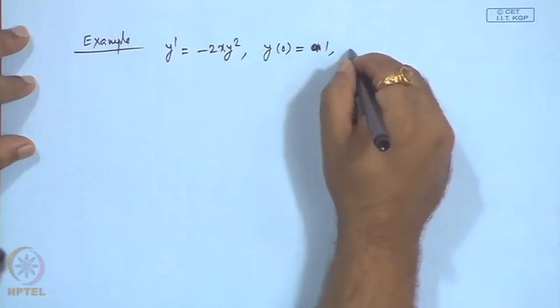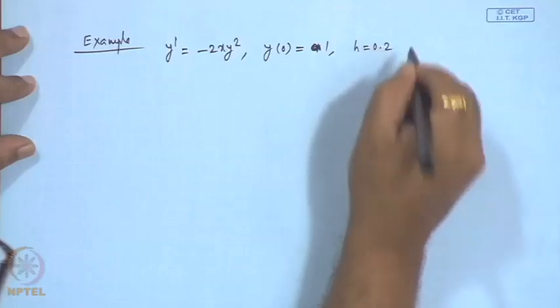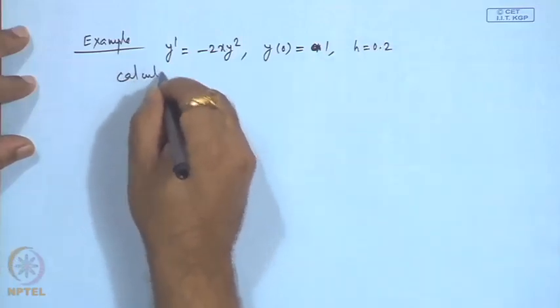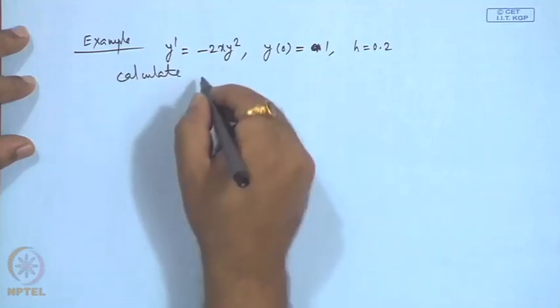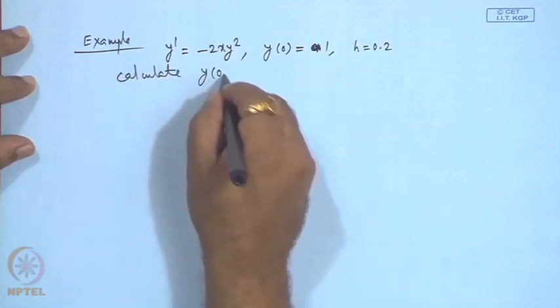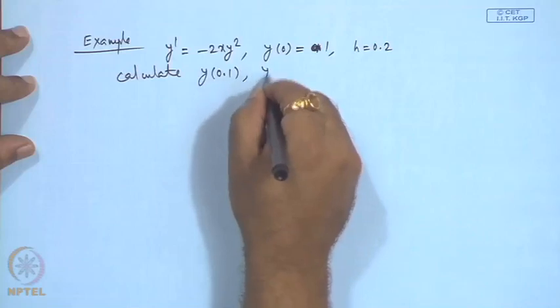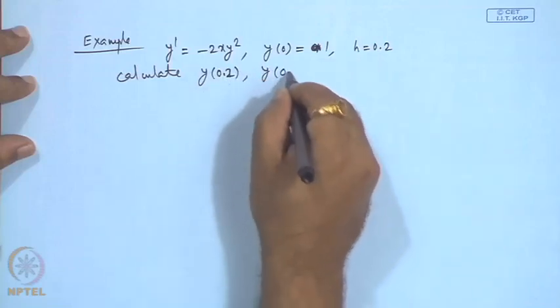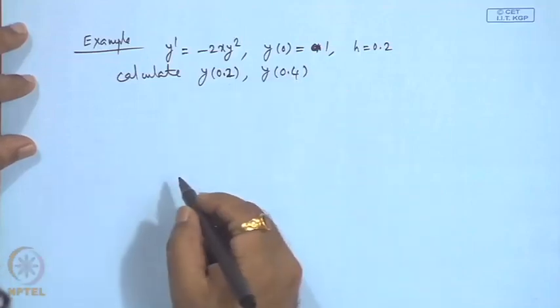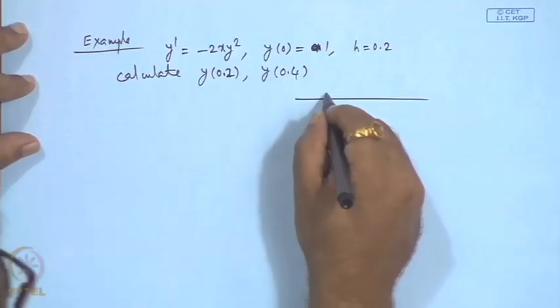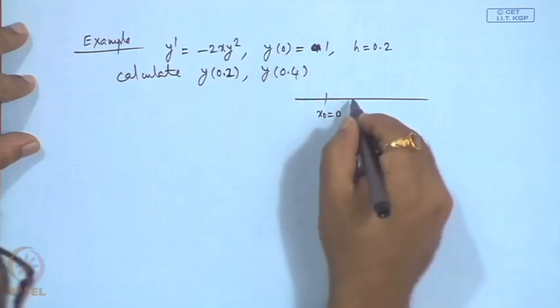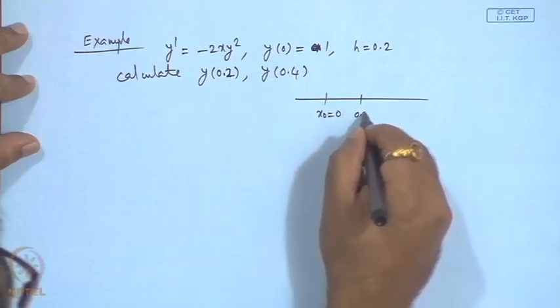Y 0 is 1 and h is this. So, let us say calculate y of 0.2, because h is 0.2, y of 0.4. Okay. So, what is x 0? x 0 is 0, then h is 0.2.